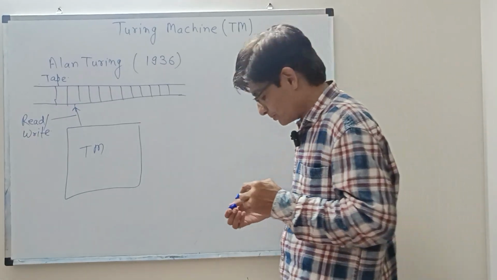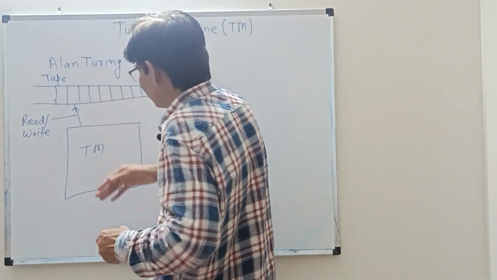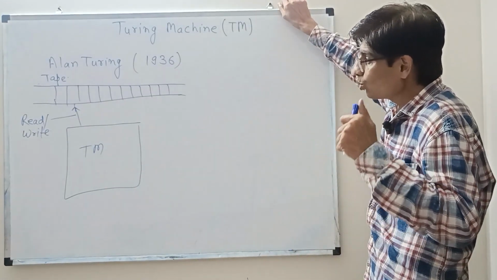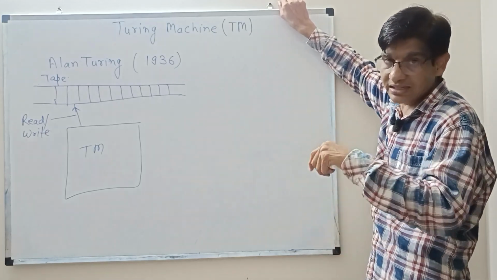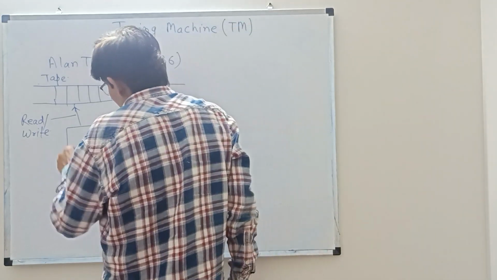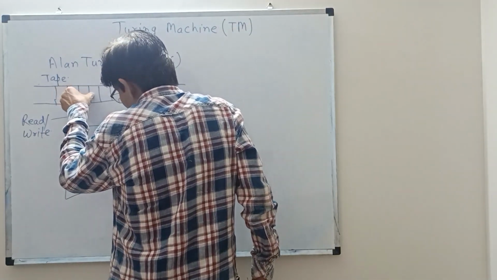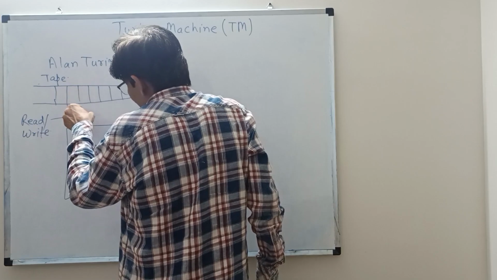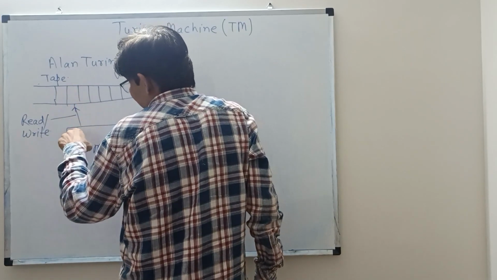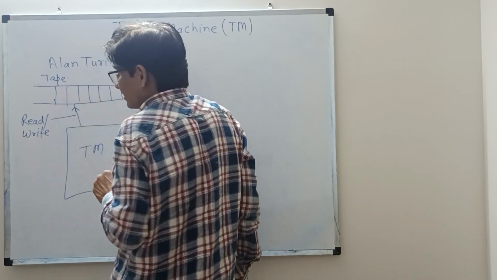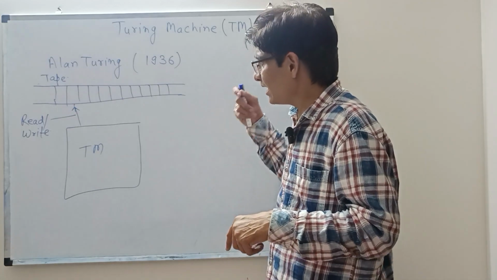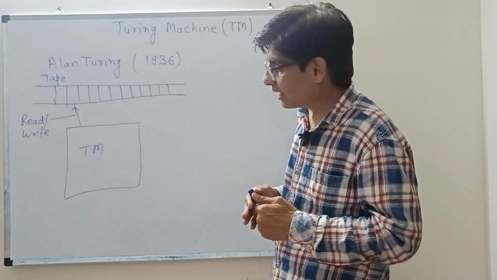So this is the biggest benefit of Turing machine, that it is able to read as well as write onto the tape. So input symbols are given on this tape, and Turing machine can read the input from this tape, and it can also replace the input, or any symbol that it is reading, with another symbol.